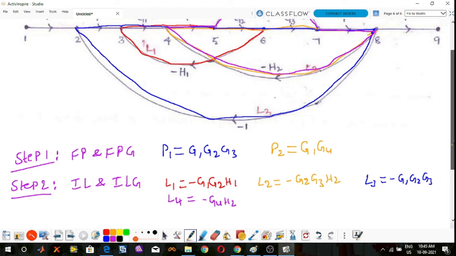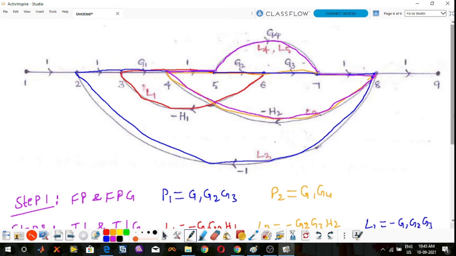Next, identify the next individual loop. The fifth individual loop is 2 to 3, 3 to 4, 4 to 5, 5 to 7, 7 to 8, 8 to 2.